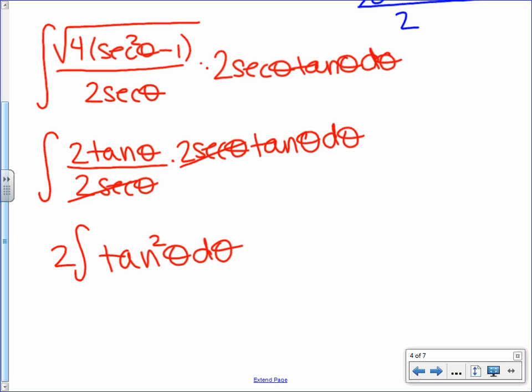Do you see now why yesterday was maybe imperfect? Just a little. How will we integrate tangent squared? You should use a rule. Okay. Let's find our cosine squared.